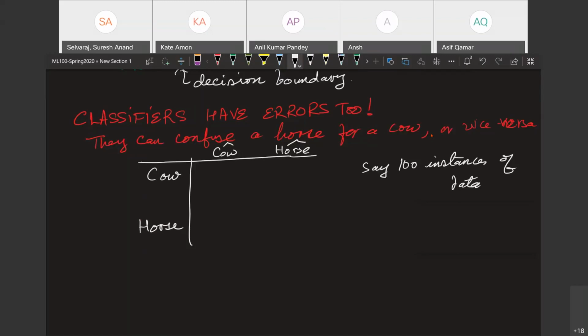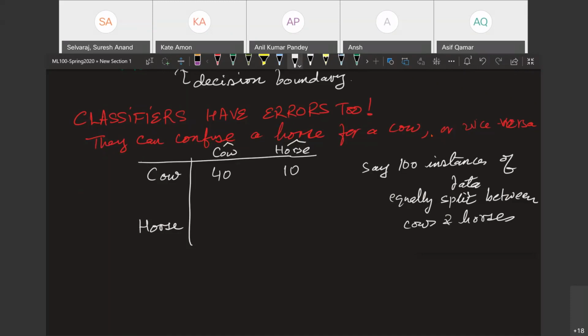Let us say that we got the cows and horses, and they need not be equally split, but this is an example. There are 50 cows; let us say that out of the 50 cows, 40 of them were recognized as cows and 10 of them were mistaken to be horses by your classifier.